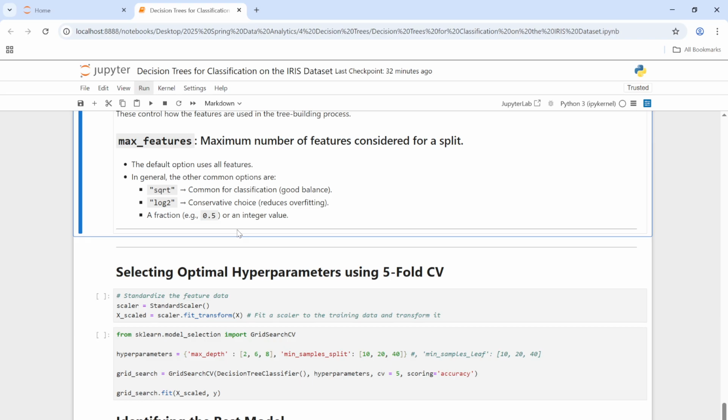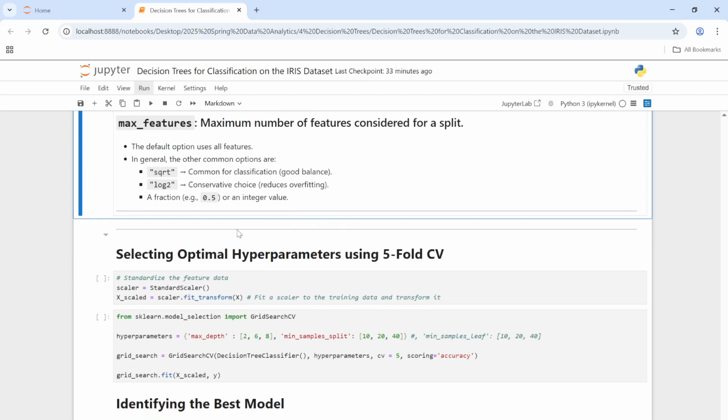And in principle, at each split, we can consider all 4 features, or we can consider a random subset of the features. And this allows you to again come up with a very parsimonious decision tree. But largely, we are going to keep this out of the picture and discuss this in more detail when we discuss random forests.